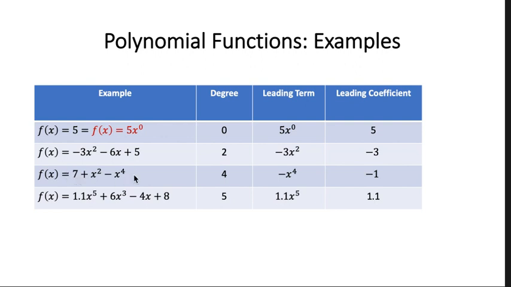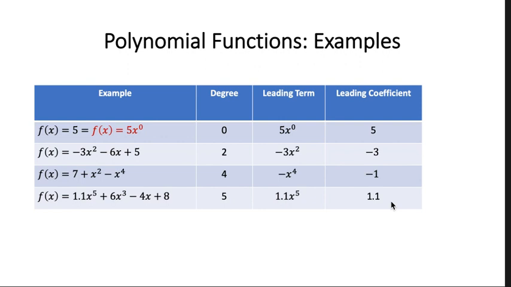You have to look at what's written and make sure you're using the highest degree. The leading coefficient here is negative 1. For this expression, the highest power is 5, so that's the degree. The term that has 5 as the exponent is 1.1x to the 5th, so that's the leading term, and the leading coefficient is 1.1.